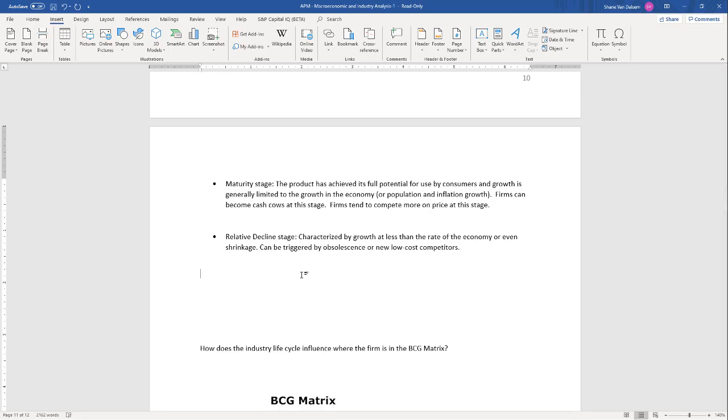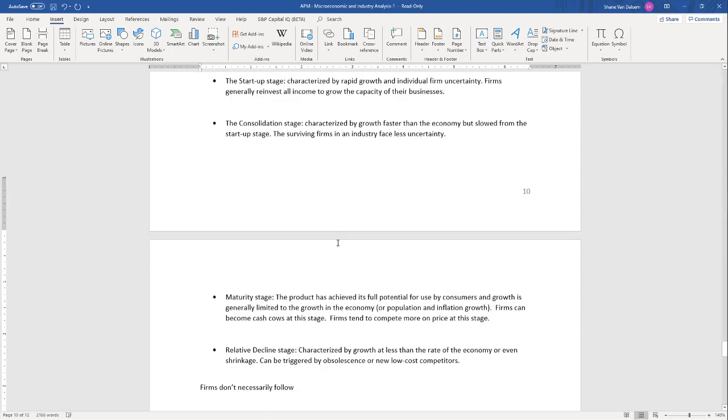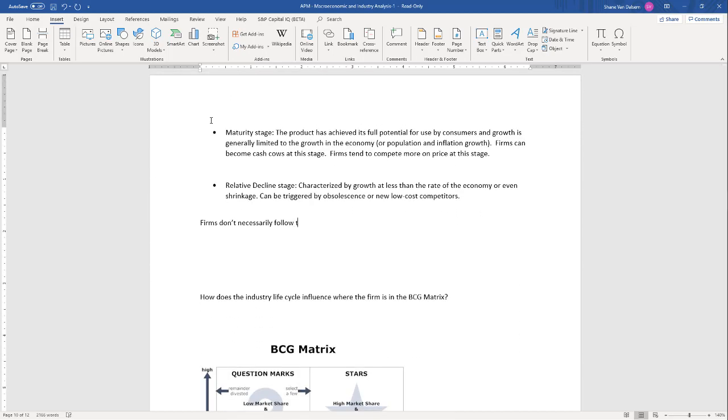One important thing to note is that firms don't necessarily follow the industry life cycle in order. Right now I'm working on research that further examines this idea, but essentially what happens to firms is that sometimes they go through this.